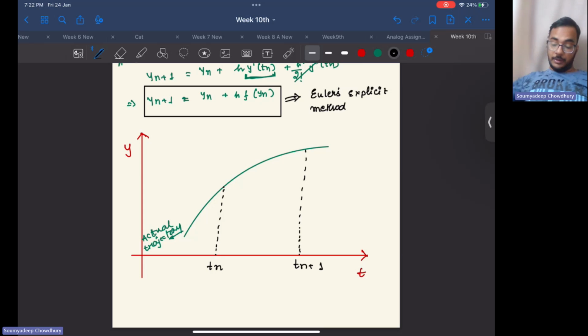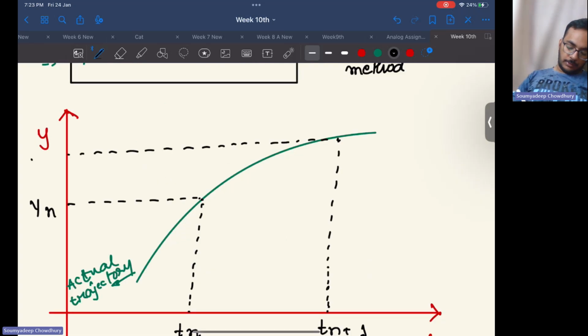So now how do we find yn plus 1? So this is my yn, right? And what is your yn plus 1? It is the value of y at tn plus 1, right? So according to the function, this should be my yn plus 1. This is yn, this is yn plus 1 actual.